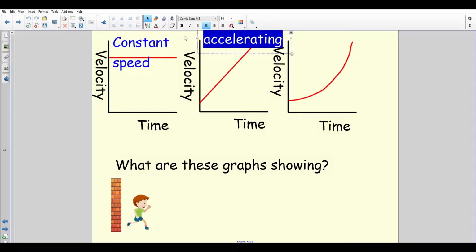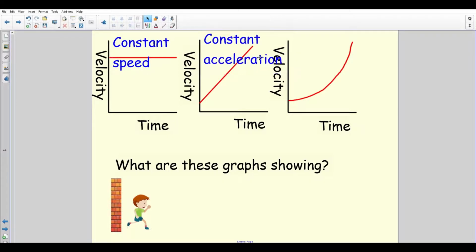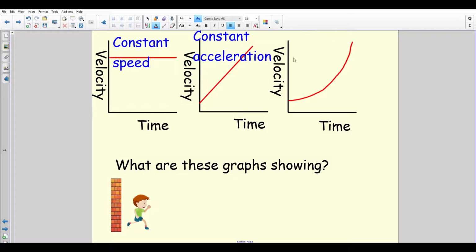Or we'll call it constant acceleration. So every second in that example I just gave you, the boy was moving 5 meters per second faster, okay? Now on the last graph, that is not constant because it's curving up.